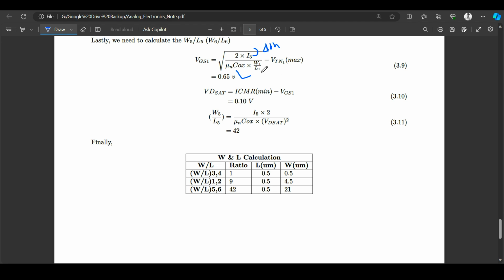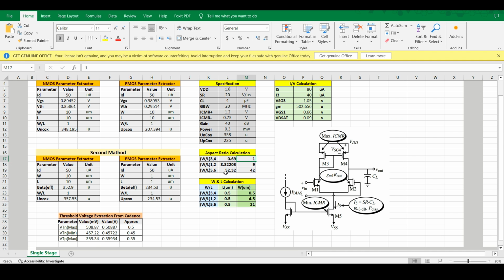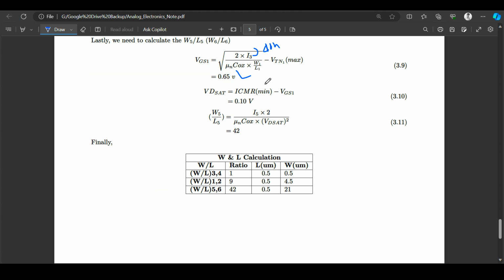I know the W by L ratio for NMOS 1, which is basically 9, which I calculated before. I know the maximum threshold voltage, which I calculated from the Cadence. After that, I get the VGS1 0.6 volt.